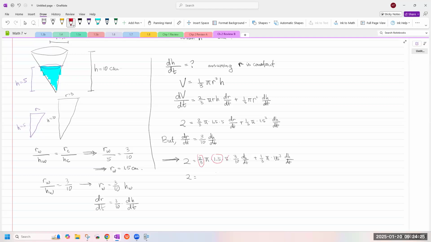And then this cancels with this 2, so I get 3 pi over 2 dH/dt plus, 1.5 is basically 3 halves, so 1/3 times 3 halves squared, so that's 3/4 pi, 3 pi over 4 dH/dt. This equals 6, that's 9 pi over 4 dH/dt. So dH/dt, the change of the height with respect to time, will be 8 over 9 pi.